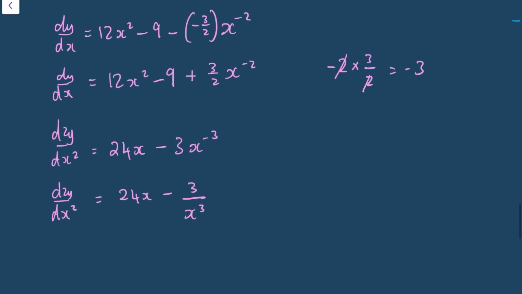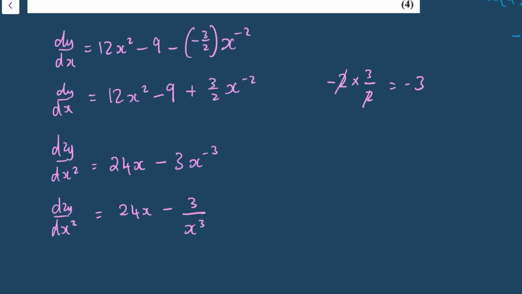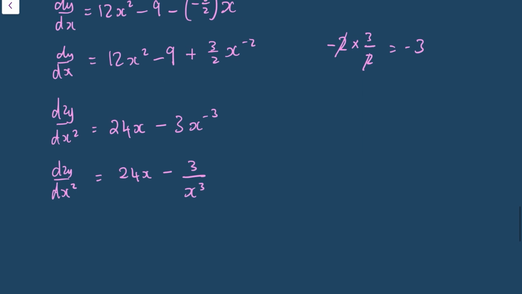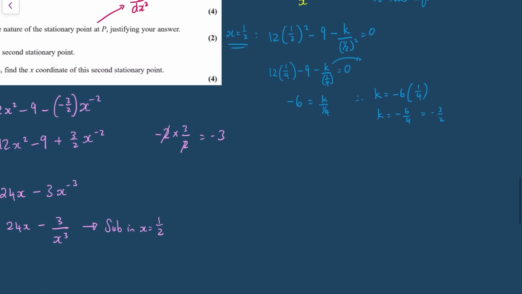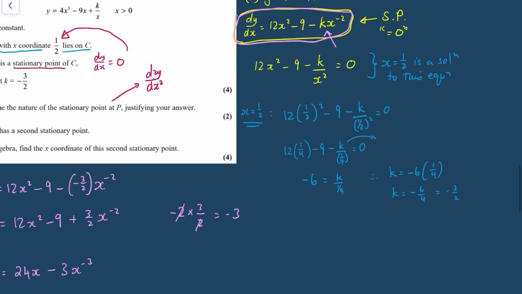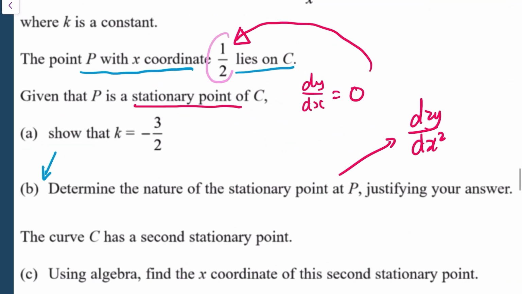Right, remember I want to determine the nature of the stationary point. So I need to sub in x equal to a half, because I know at x equal to a half, that is where my stationary point lies. P is a stationary point with x coordinate a half.